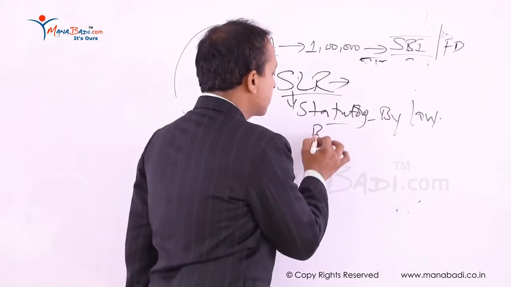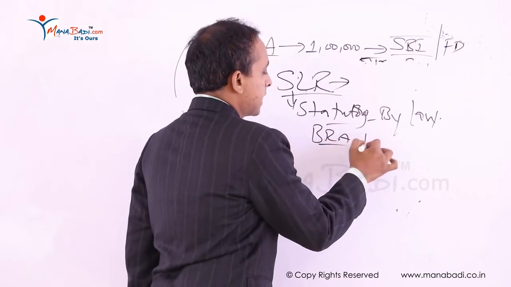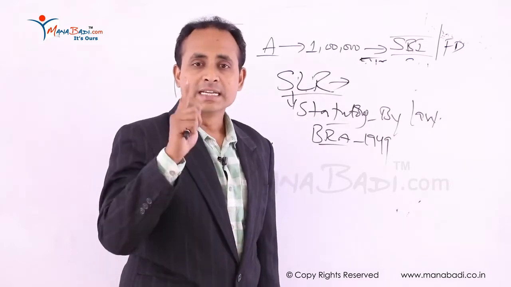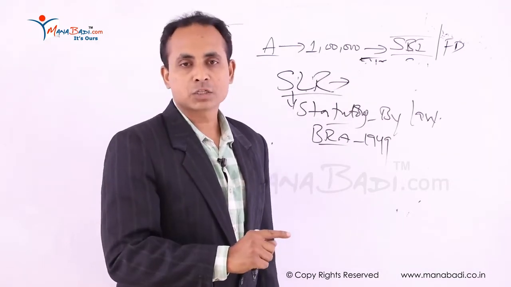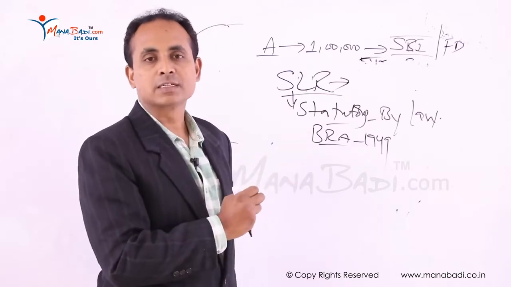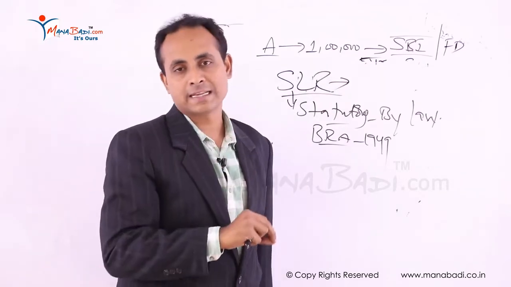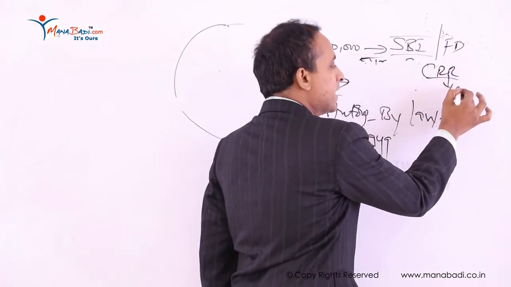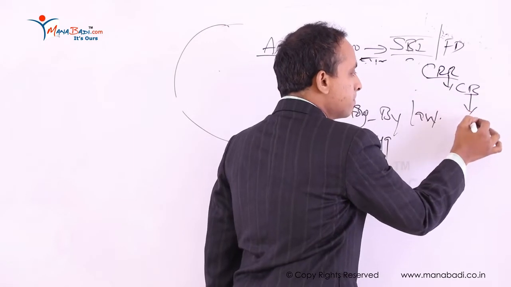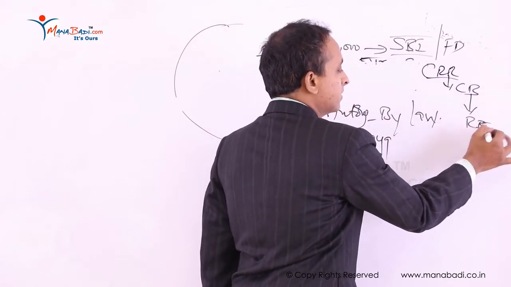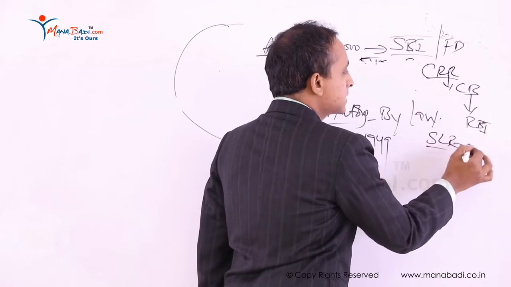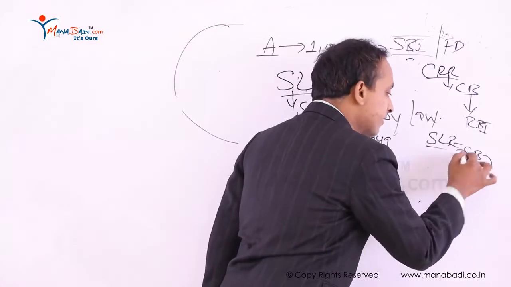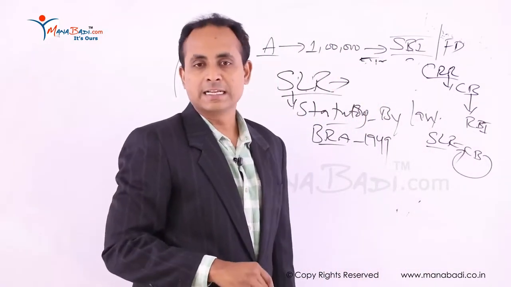As per the Banking Regulation Act 1949, each and every bank must hold some percentage of reserve with itself, that is called SLR. Understand? Here cash reserve ratio, CRR, means a commercial bank keeping some percentage of money at RBI, whereas SLR means a commercial bank keeping some percentage of money with itself.